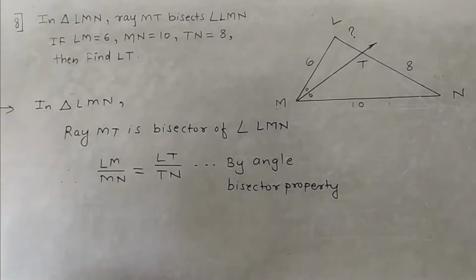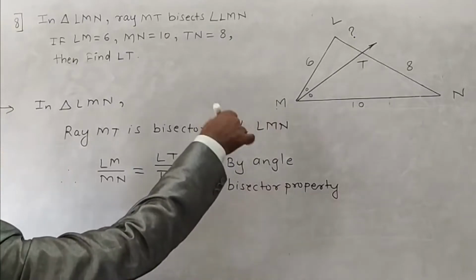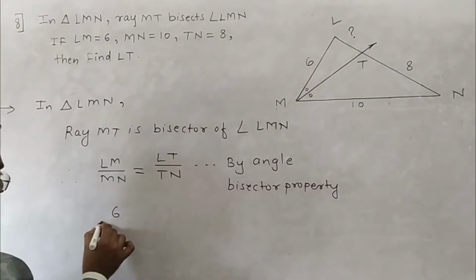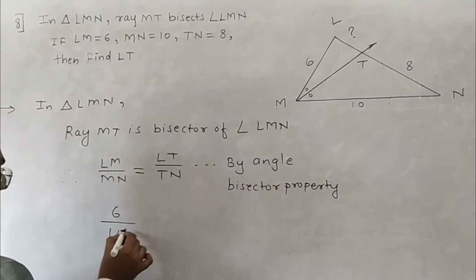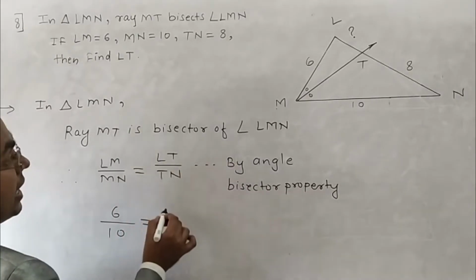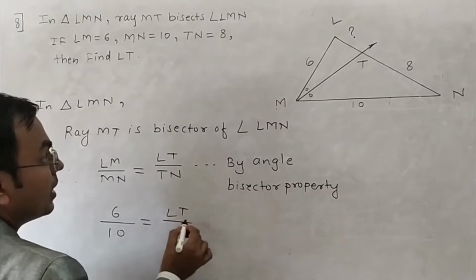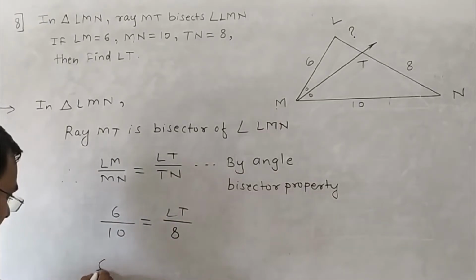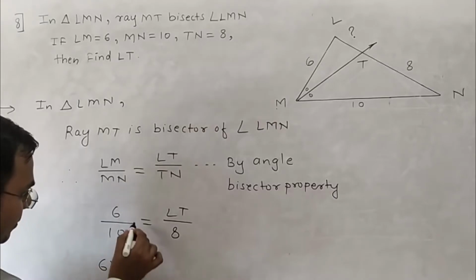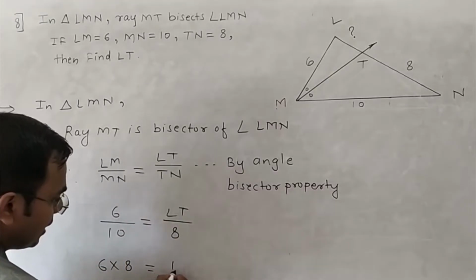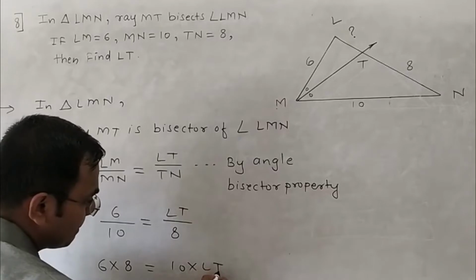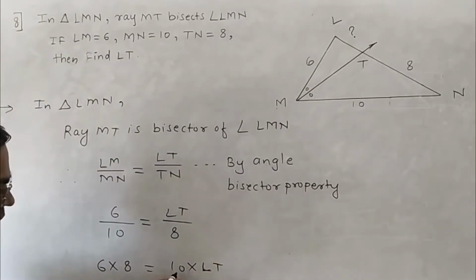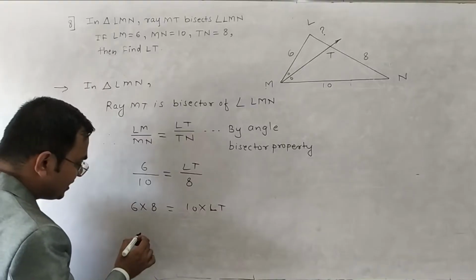So now put the value to get the answer. LM is how much? 6. MN is how much? 10. Equal to, as it is, LT we have to find out. TN is how much? 8. So cross multiply. 6 into 8 equal to, as it is, 10 into LT. So LT we have to find out. So we have to move this 10 to that side.